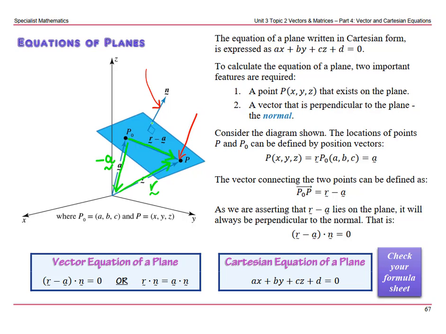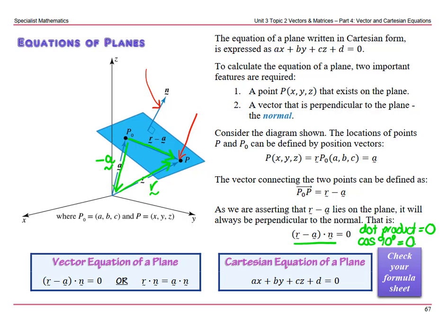We can rewrite that as (r minus a) dot n has to equal 0, because the dot product of perpendicular vectors is 0, and that's because cos 90 degrees equals 0.